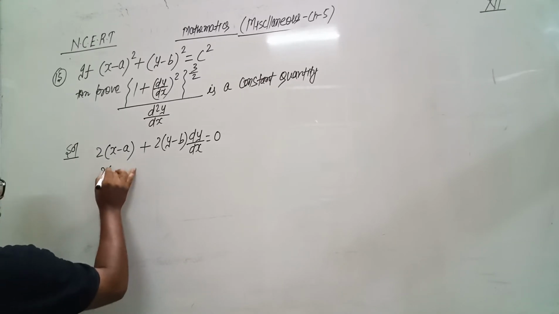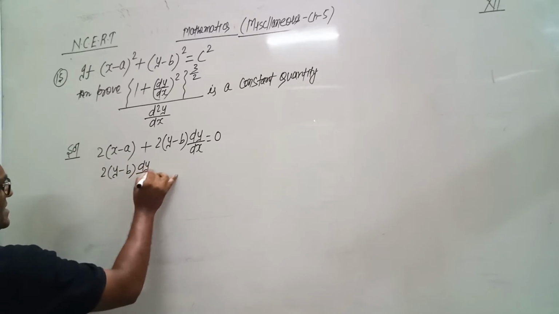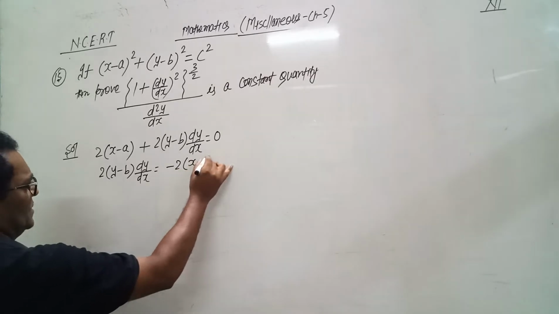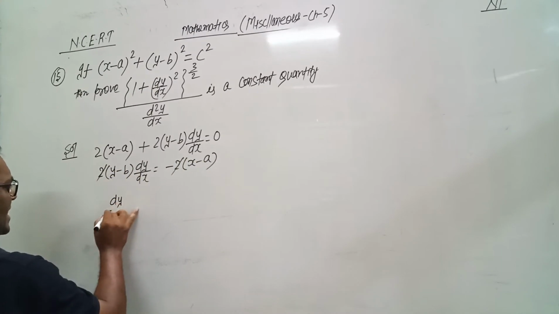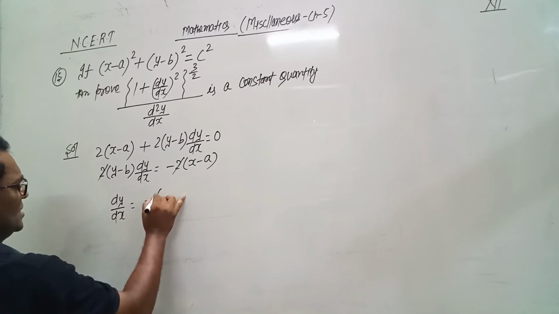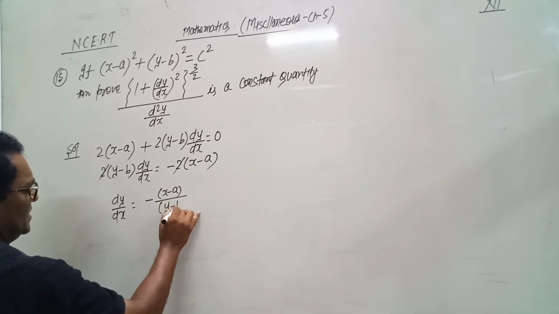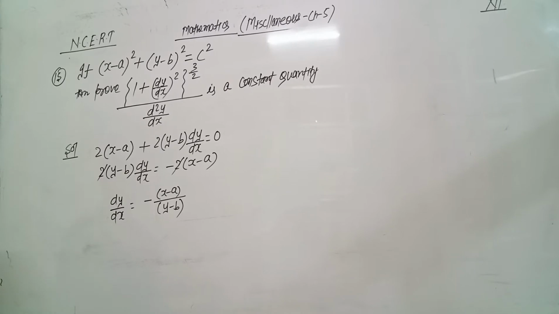So 2 times (y minus b) and dy by dx equals minus 2 times (x minus a). 2 and 2 get cancelled and we get dy by dx equals minus (x minus a) upon (y minus b).